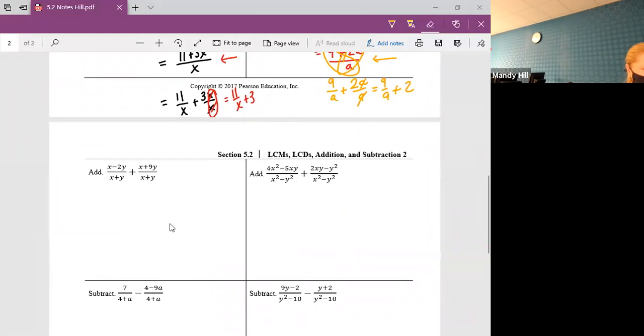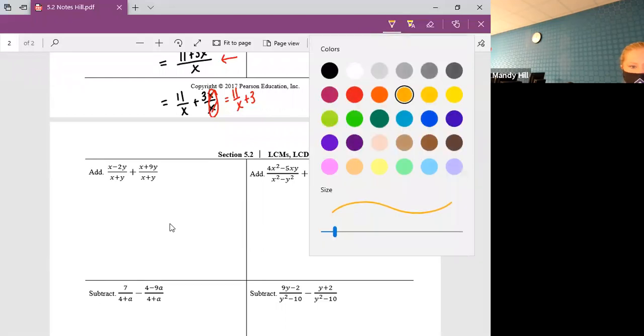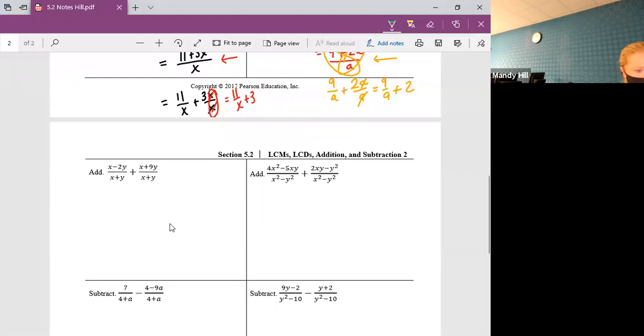once again, we have common denominators here. So these x plus y and x plus y, we get to leave that alone. On the top, we have x minus 2y plus x plus 9y. So we want to combine like terms.